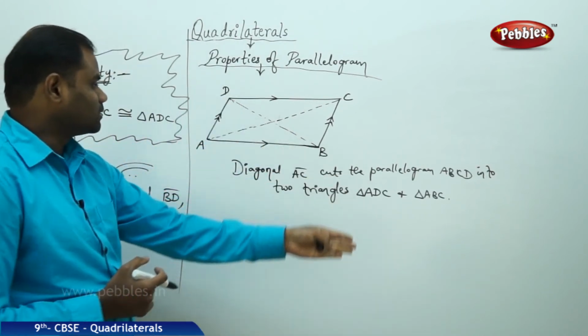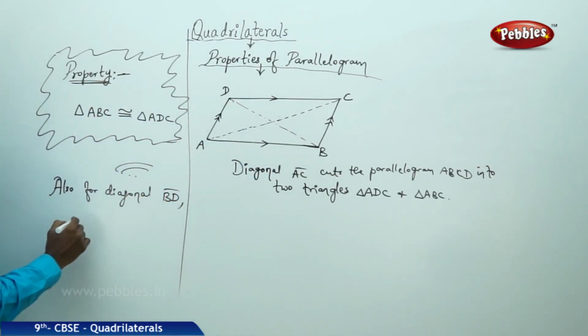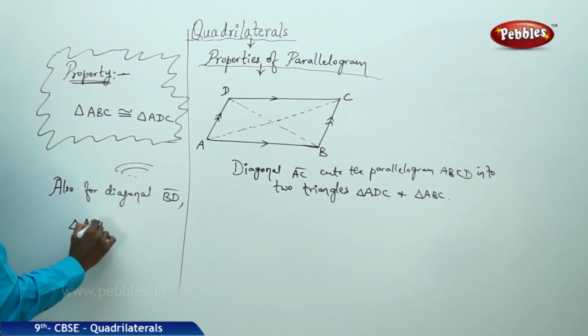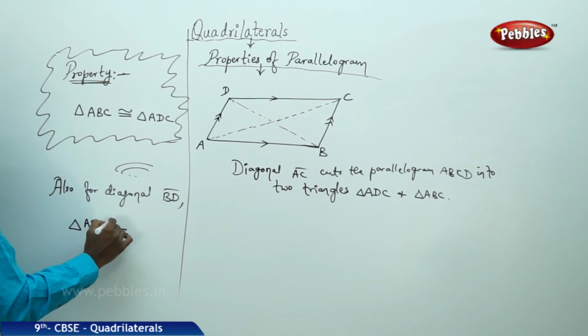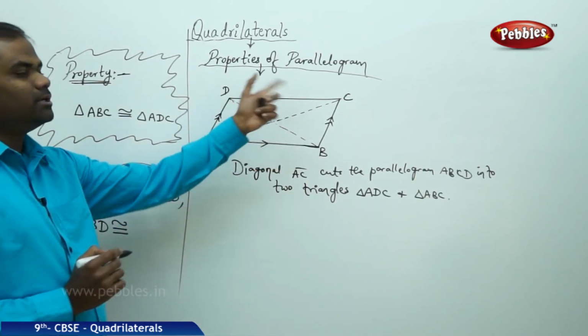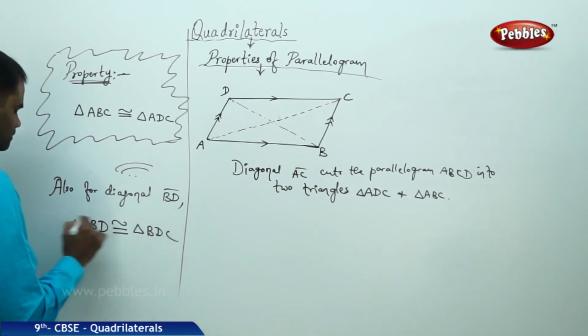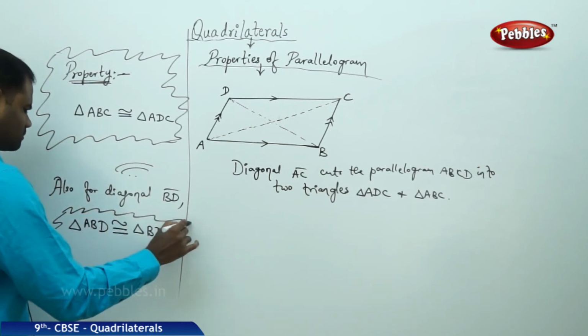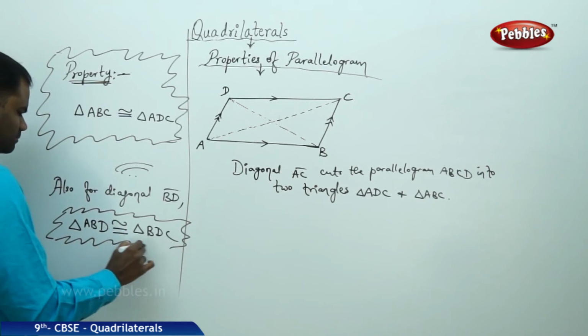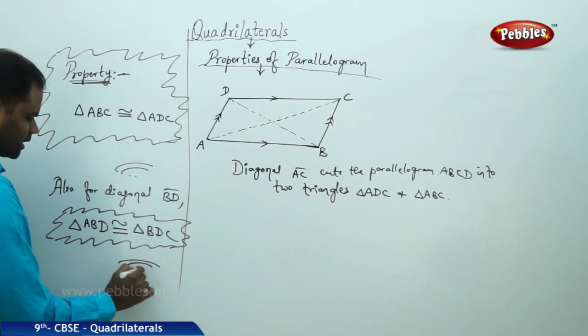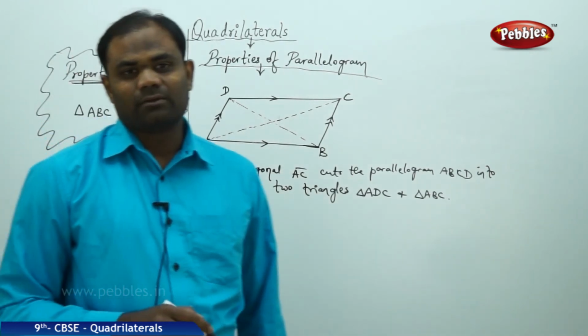If I take the second diagonal, triangle ABD is also said to be congruent to triangle BDC. That is how we understand the property of a parallelogram.